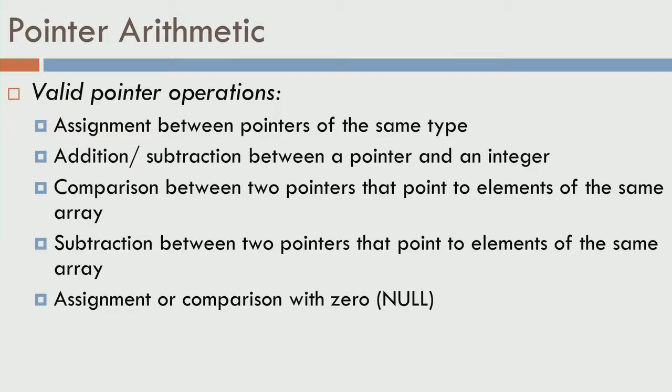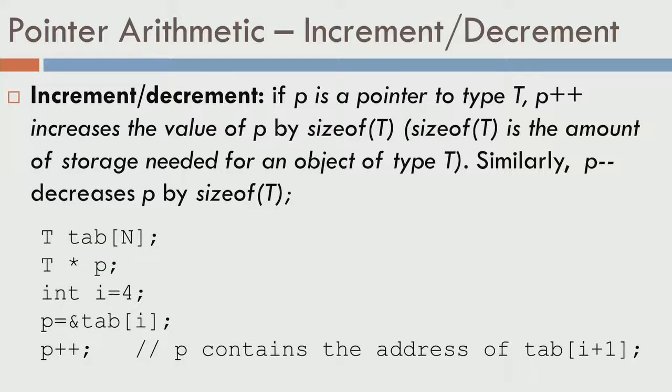PTR was of type pointer and plus 1 is actually adding an integer 1 to PTR. However, C allows you to do that. You can compare 2 pointers that point to elements of the same array. You can even subtract 2 pointers, we will see a small example at the end of this module, and you can assign and compare. So, these are several things that you can do with pointers. Let us see each one after the other.